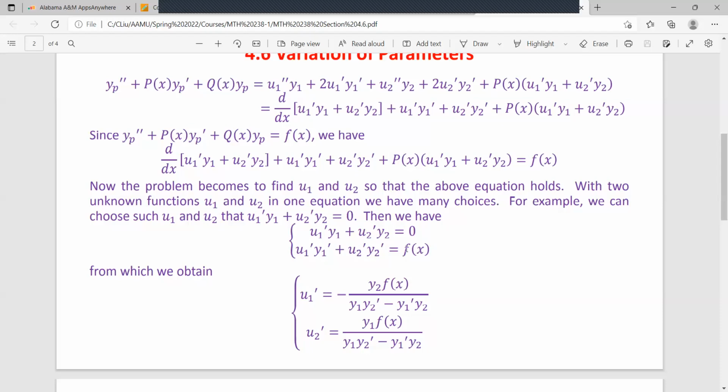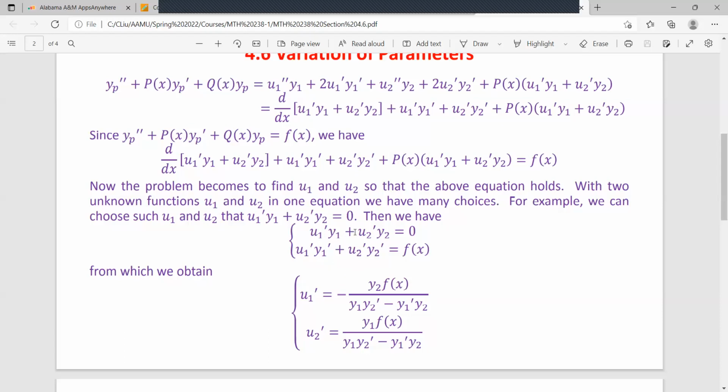Just like solving other equations with variables, we only have u1 prime and u2 prime to solve. So you can eliminate either u1 prime or u2 prime from these two equations and solve for the other.